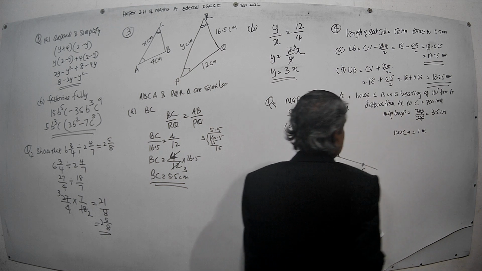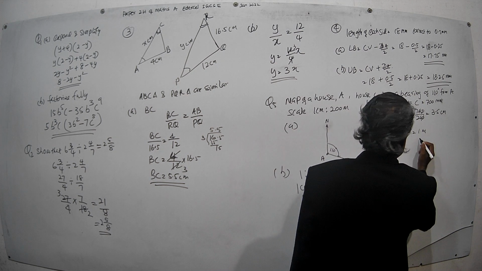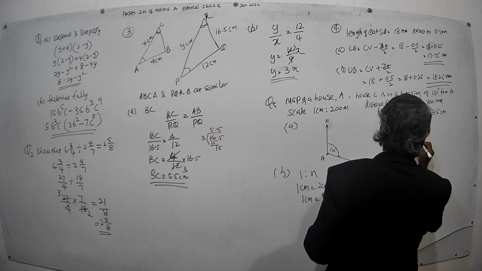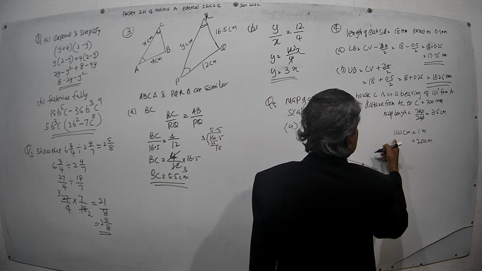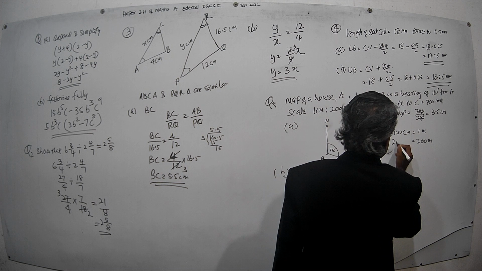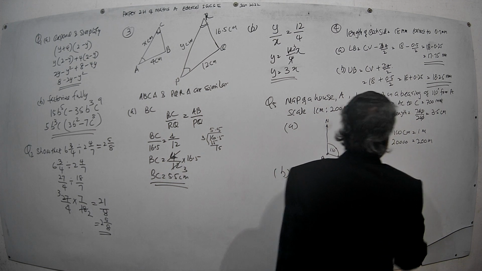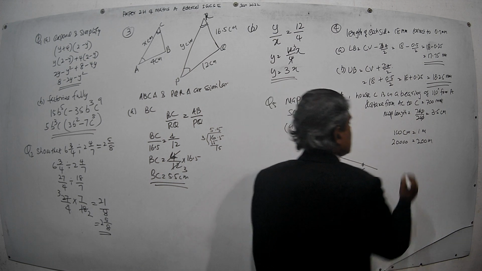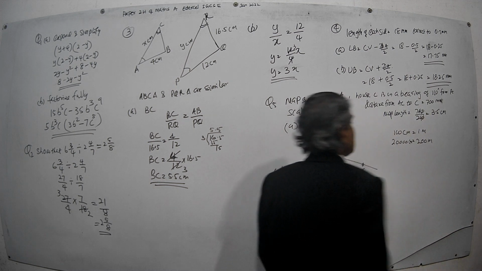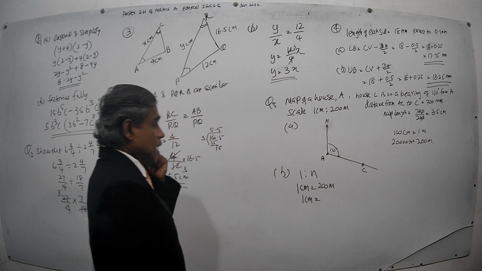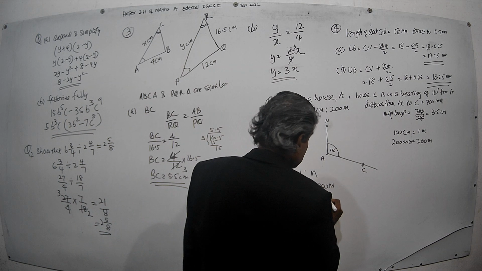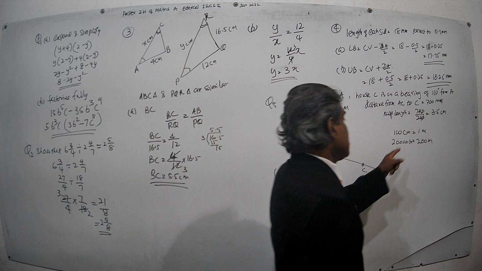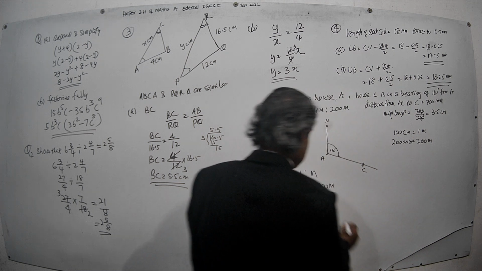Then 200 meters equals how much? Multiply 100 by 200. It will be 20,000 centimeters. So 1 centimeter equals 20,000 centimeters.